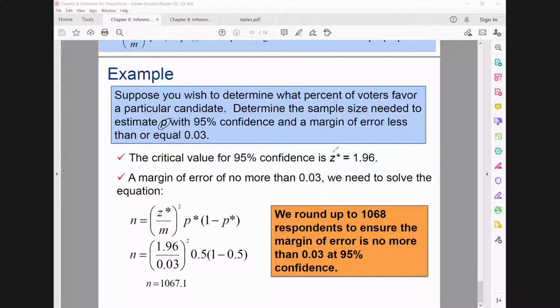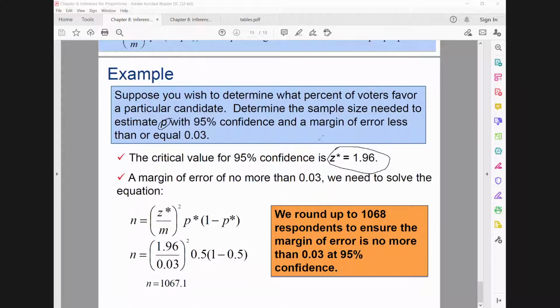Once we say 95% confidence, that means Z star is equal to 1.96. Then N is given by this formula. We have Z star, and we have the margin of error. We request the condition that the margin of error is less than 0.03. Then we fix M, so M is equal to 0.03.